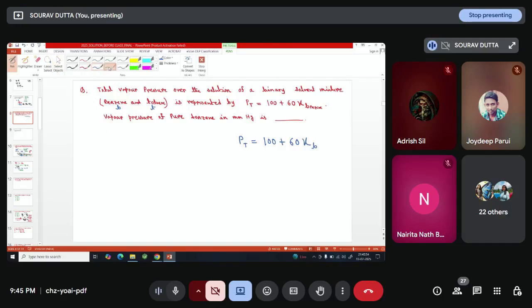Normally we know that total vapor pressure is basically the vapor pressure of A in the solution plus the vapor pressure of B in the solution. Here benzene and toluene, represented as small b and small t.